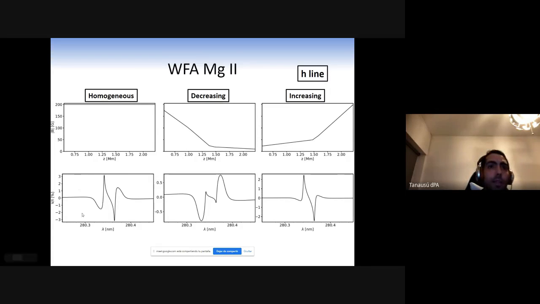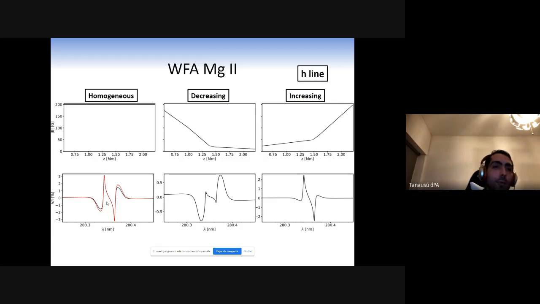We do the same as before, a homogeneous magnetic field of 200 Gauss, and we also test it with a decreasing and increasing stratification of the magnetic field. We see that, as expected, the ratio between the inner and outer lobes changes when the ratio of magnetic fields also changes.